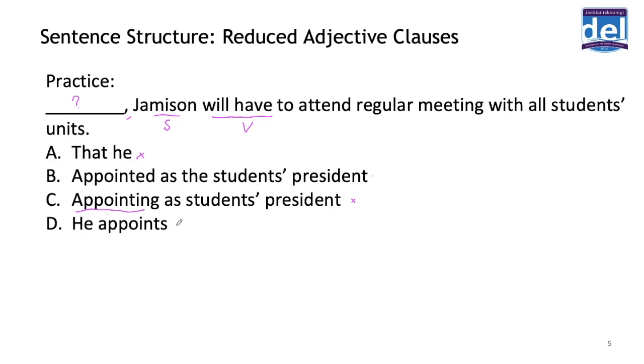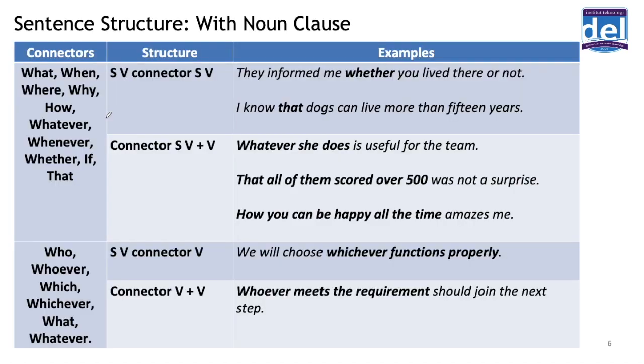And I will eliminate D because it is incomplete. Therefore, the answer is B. Now you see what I mean. By understanding reduced adjective clause forms, you can be aware of other alternatives of answers to fill an incomplete sentence like this. Okay, everyone, that is about adjective clause with complete and reduced structures.